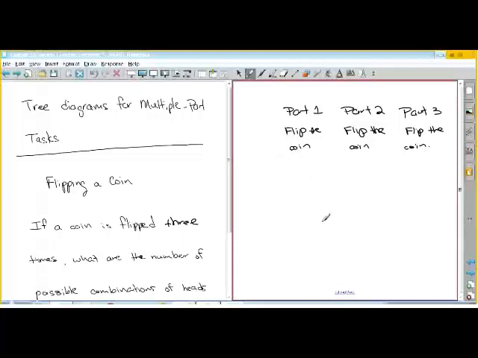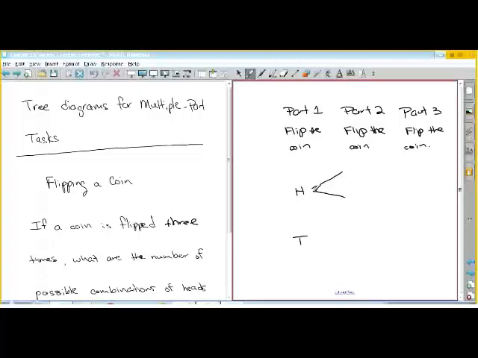Okay, so what you do is you go through the different steps and you create this tree diagram. So for part 1, if I flip a coin, what are my options? I can get a heads or I can get a tails. Now once I've flipped the coin once and I write that down, the next time I flip the coin, it doesn't matter what I got the previous step. There's no quota on heads or tails.